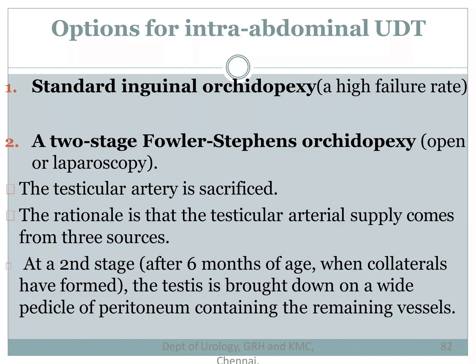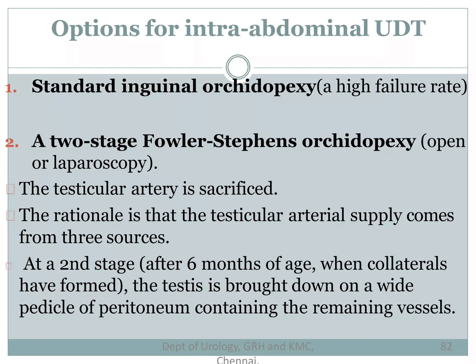So it's important to explain to the parent that there is a risk of 20% loss of the testis in the second stage. In the first stage of Fowler-Stephens orchidopexy, the testicular artery is sacrificed, and the rationale for that is that the testicular arterial supply actually comes from three sources, which we have already discussed: the testicular artery, the cremasteric artery, and the vas deferens or deferential artery.